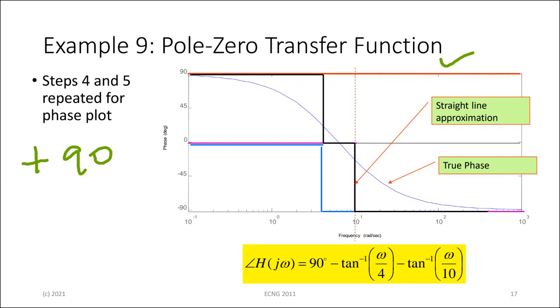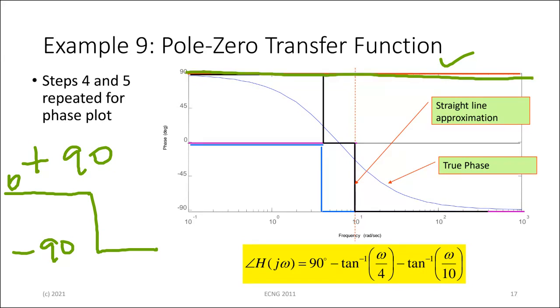The first pole stays at 0 until the corner frequency, and then it decreases to minus 90. So you put it on the same diagram just below the magnitude to make sure you have the same corner frequencies. The zero is at plus 90 all the time.